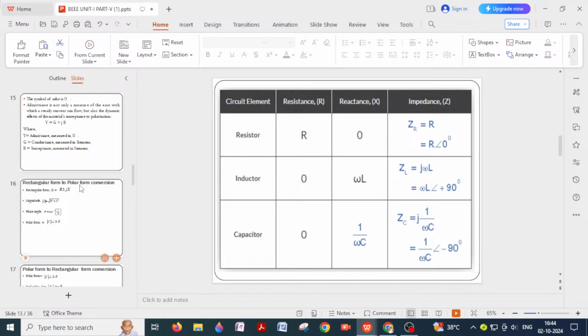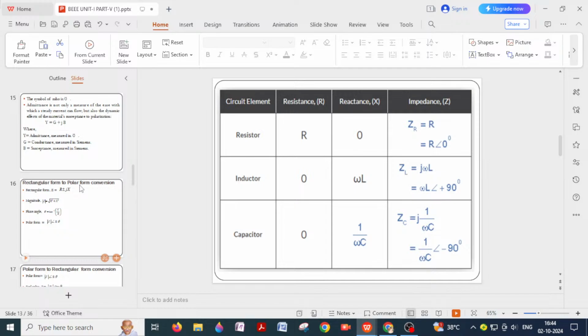So Z is equal to R plus jX. jX is the imaginary part, R is the real part.